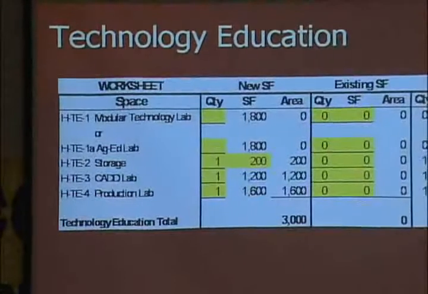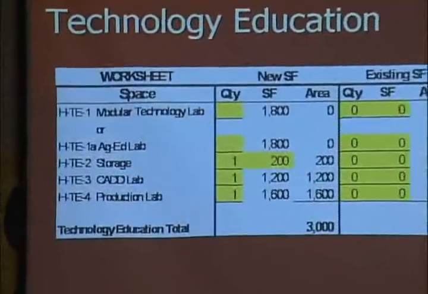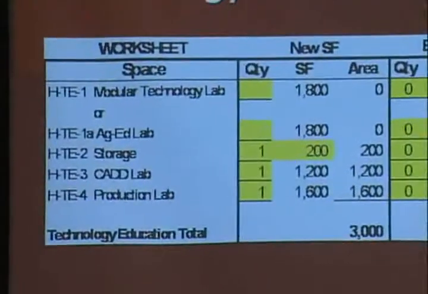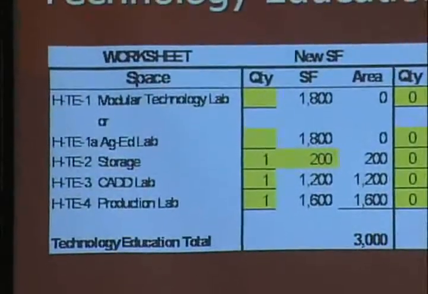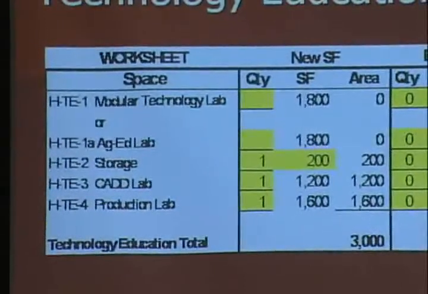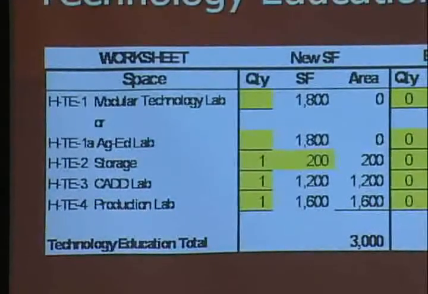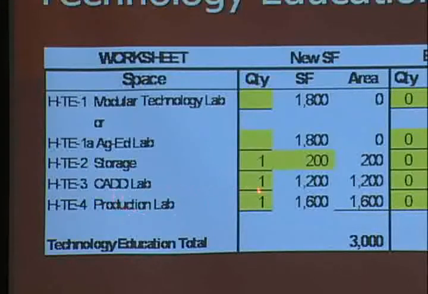Our next area is technology education. You do not have modular technology programs nor an agricultural ed program. So the first thing you see is a small storage area. You will gain a CAD lab in the building. This is a dedicated CAD lab, which you don't currently have, and a production lab of 1,600 square feet.